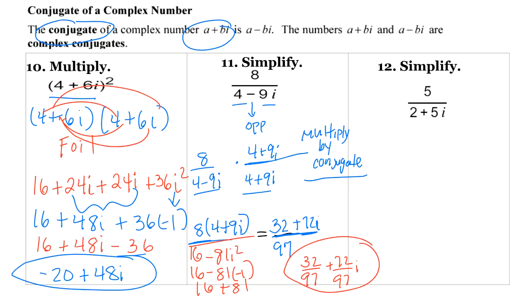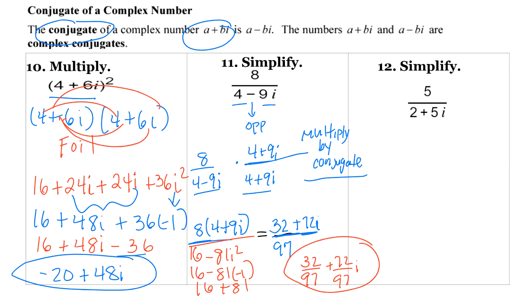So we just need to separate our real part and imaginary part. And once I do that in this problem, I have 32 over 97 plus 72 over 97i. So any questions on 11?